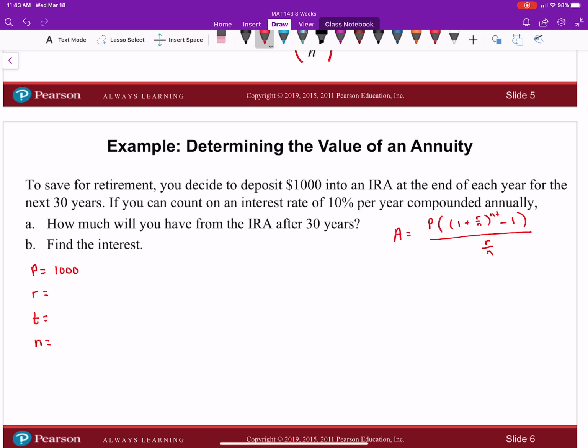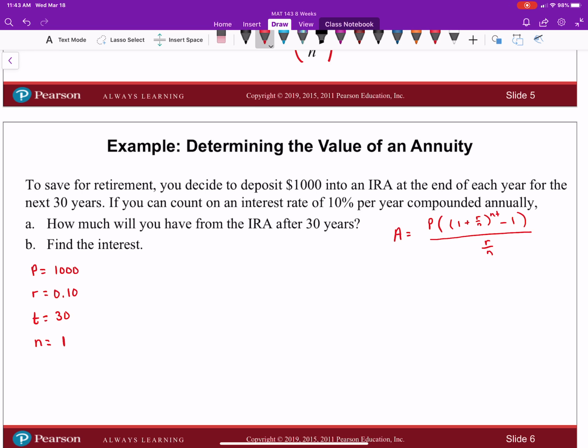Our R would be 0.10, because it's 10%. Our T in this case would be 30 years. And our N in this case would be 1 because it's compounded annually.